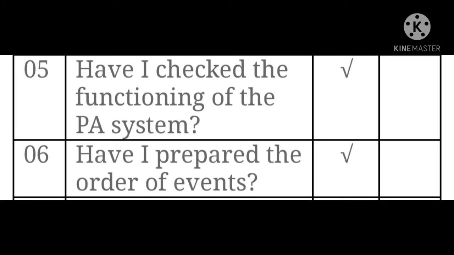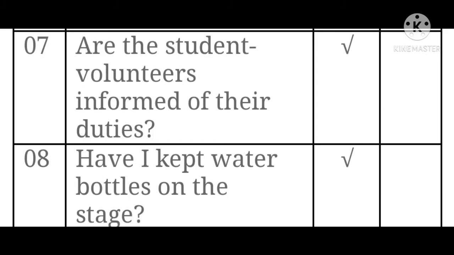Number 5, have I checked the functioning of the PA system? Have I prepared the order of events? Number 7, are the student volunteers informed of their duties? Number 8, have I kept water bottles on the stage?